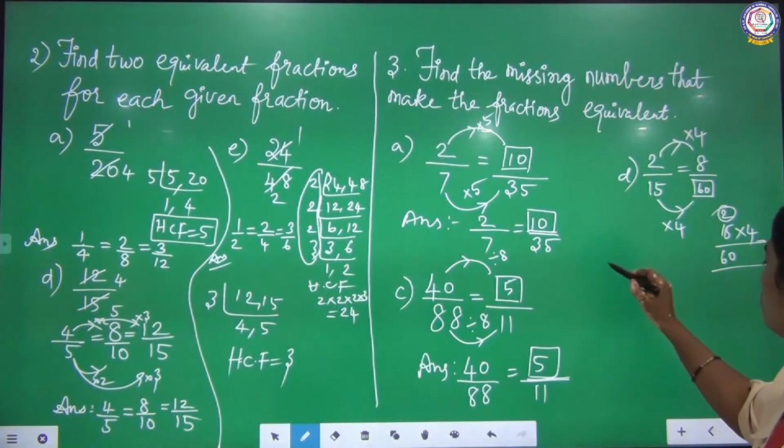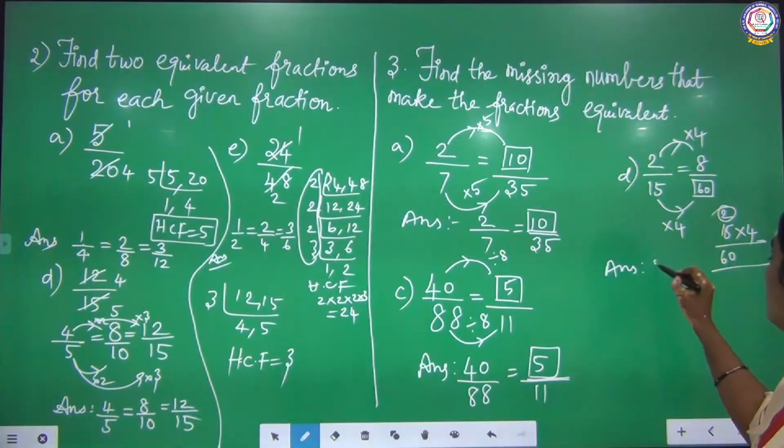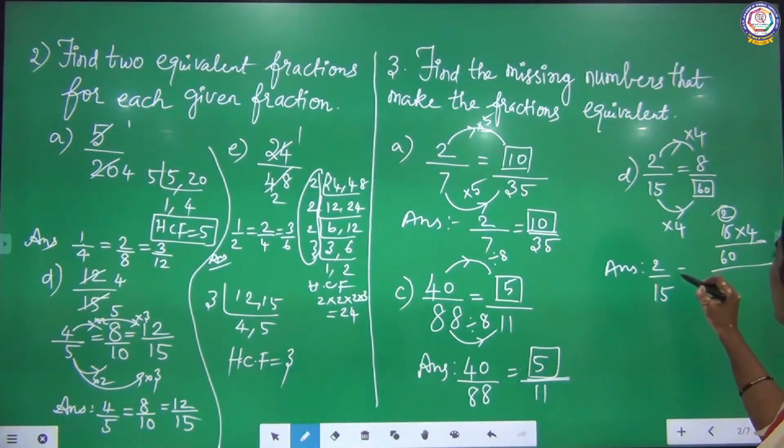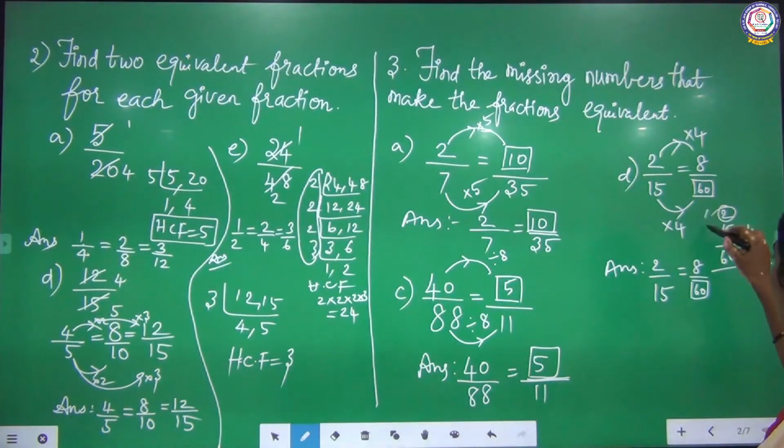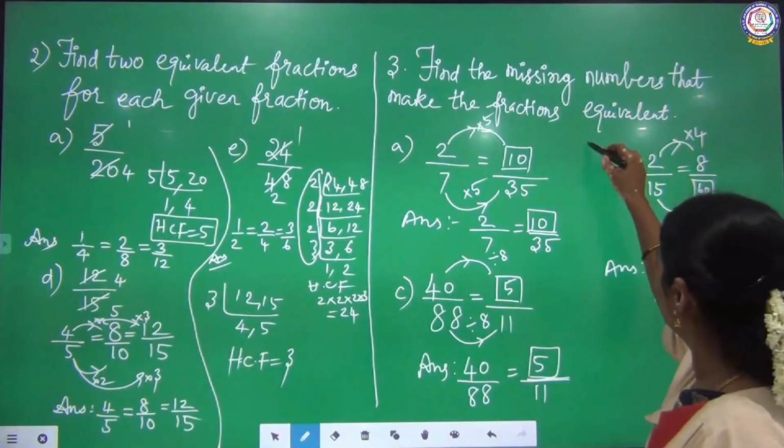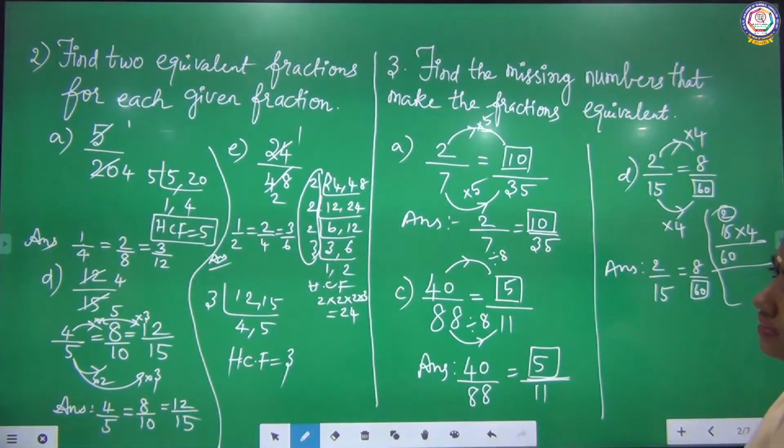Got it? So my answer is 2 by 15 is equal to 8 by 60. So this is your rough column. Any doubt in this, children? Shall I move on to the next one?